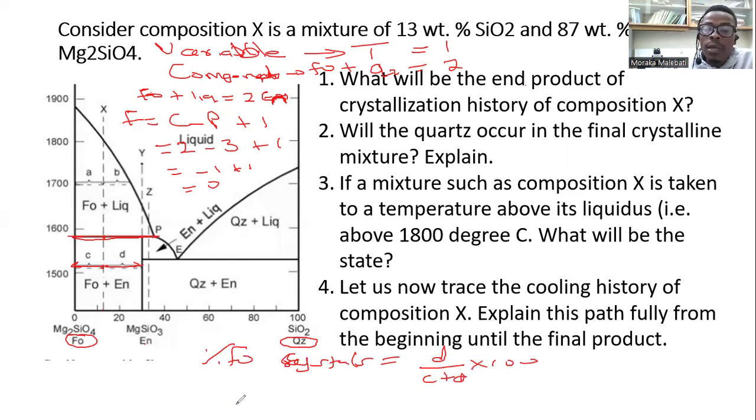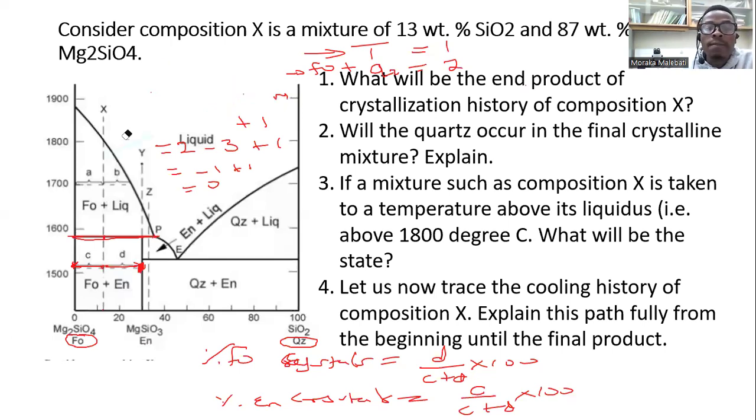But if you want the percentage of the enstatite crystals, enstatite is towards this line, then the opposite will be this one. So that means it will be C divided by C plus D, multiplied by 100. So that's what we call the lever rule at this point. Okay, so I hope it makes sense.